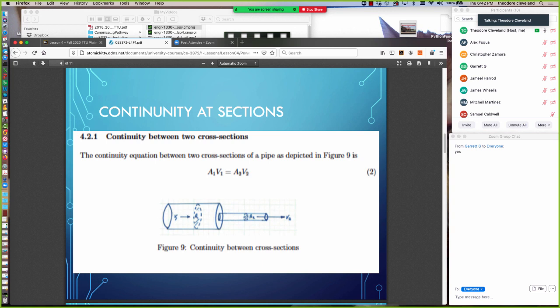That implies that the product of the cross-sectional area on the left section and its mean section velocity is equal to the product of the cross-sectional area on the right and its mean section velocity, or as written here, A1 V1 equals A2 V2.